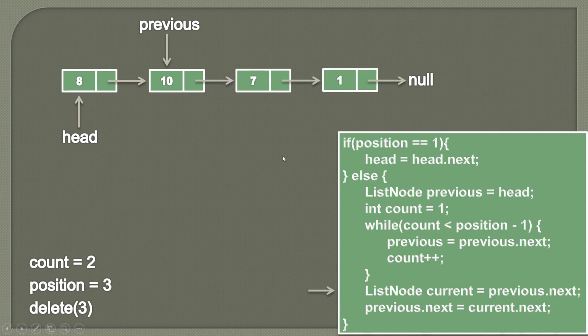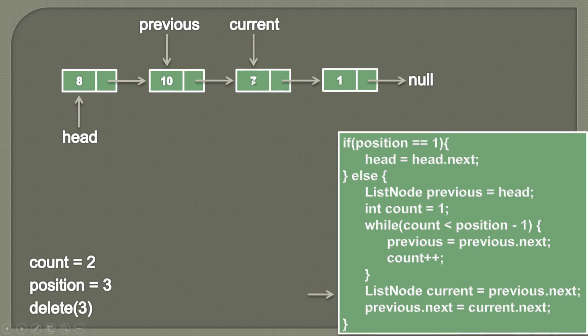So at the first step we are creating a temporary list node called current, and we are assigning previous.next to it, which is this node. So it would look something like this, that current is pointing to previous.next.